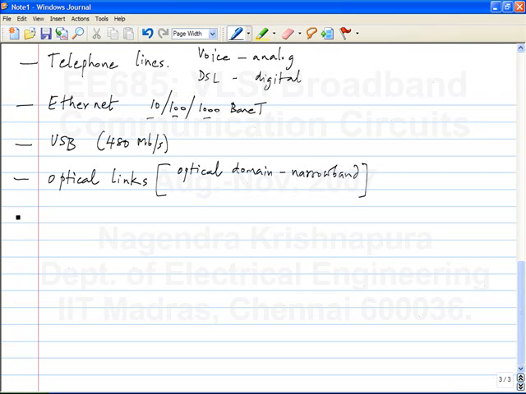Okay. So these are all examples where it is like a communication link, meaning you are explicitly thinking of sending data from one side to the other. And the examples where that's not the case, but you do have some similar behavior, are printed circuit boards, where you have to transfer data across the board. That may be simply because you have two chips. So this is a printed circuit board.